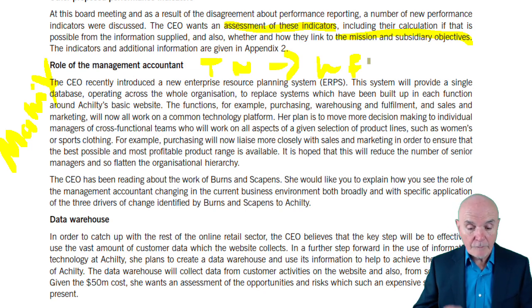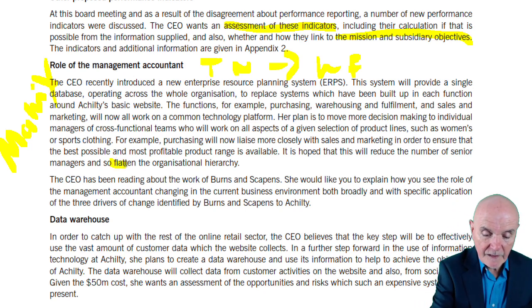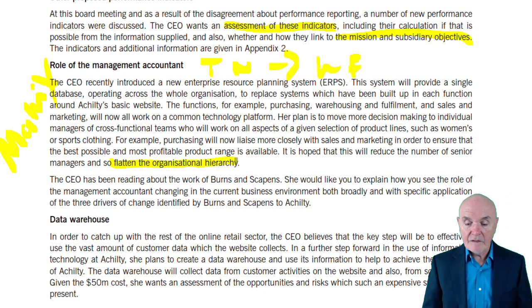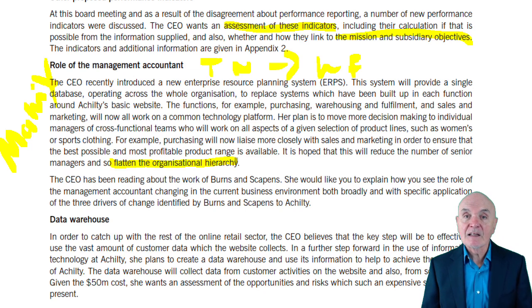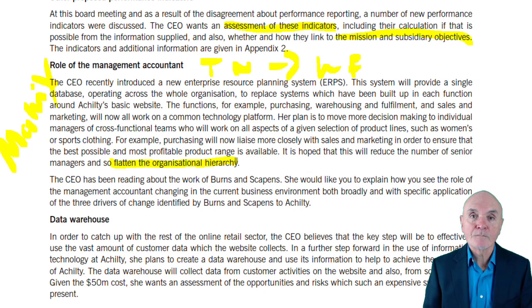Thereby, it is hoped, I was getting ahead of myself there, they will reduce the number of senior managers, so flatten the organization's hierarchy. The CEO has been reading about the works of Burns and Scapins. Here's where your heart either leaps for joy or you think you're walking out of the exam.